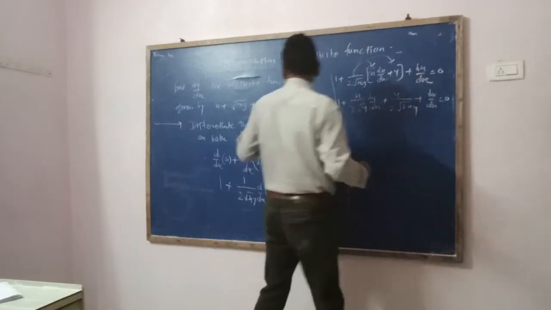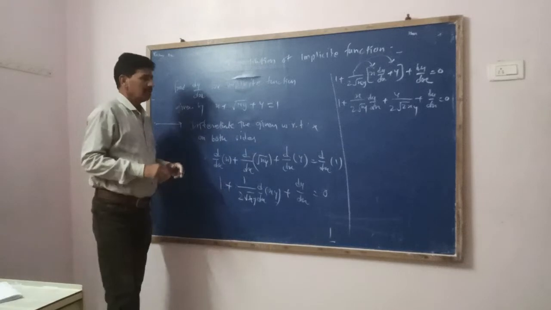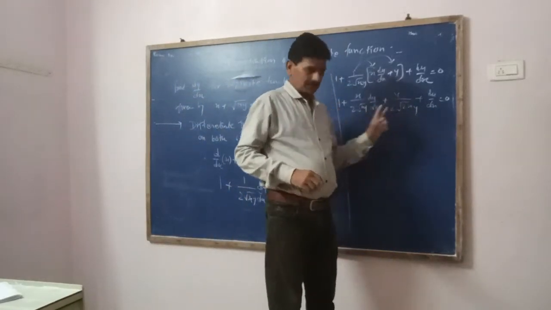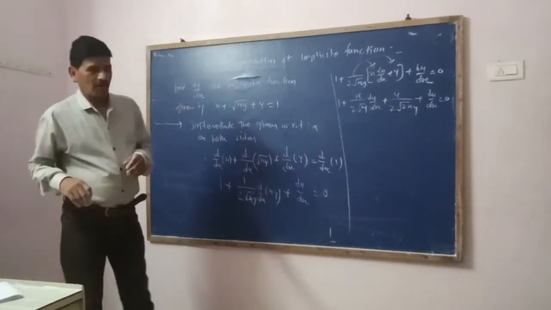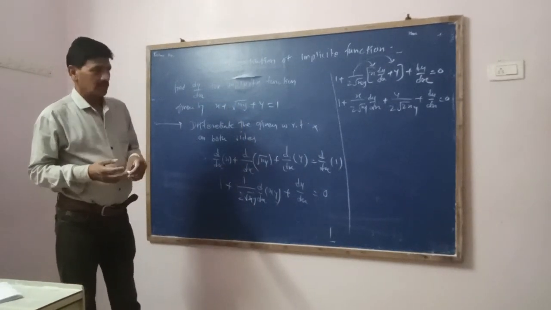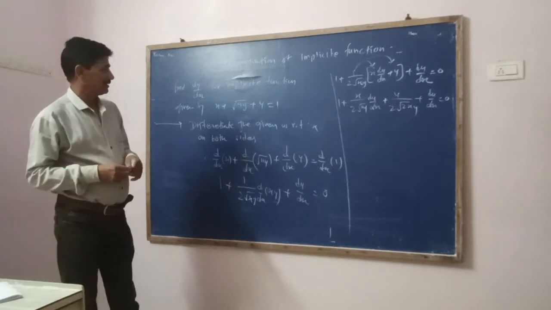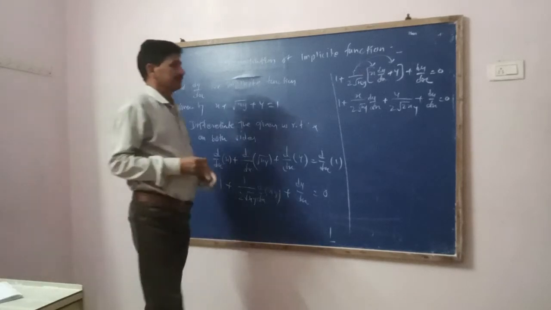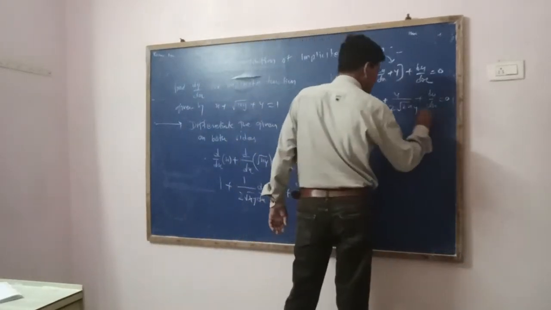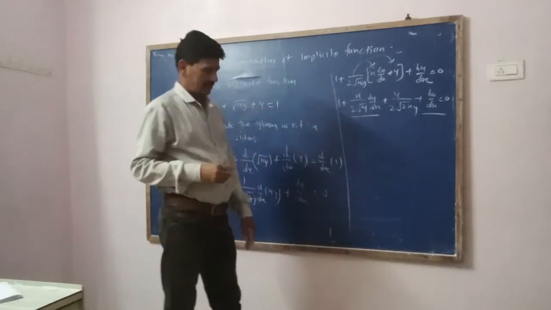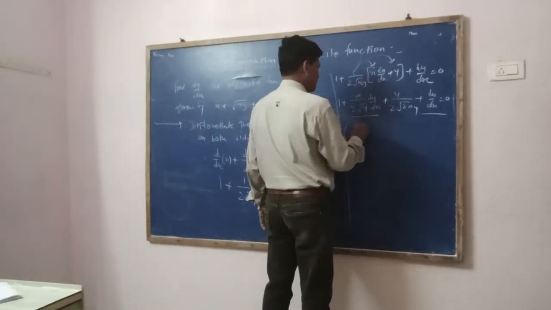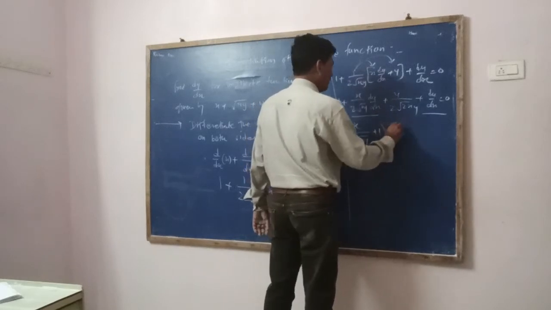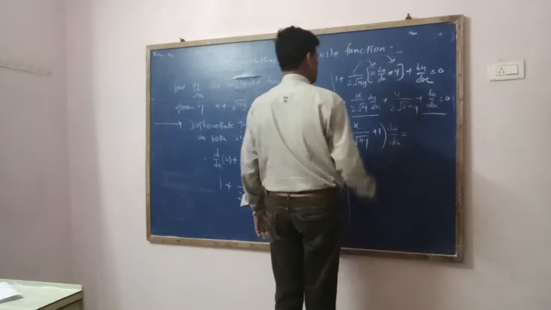There are two terms of dy by dx on the LHS side, because the given function is an implicit function. Therefore, we collect them. We collect them as x upon 2 root xy plus 1 into dy by dx is equal to the remaining terms transferred to the other side.